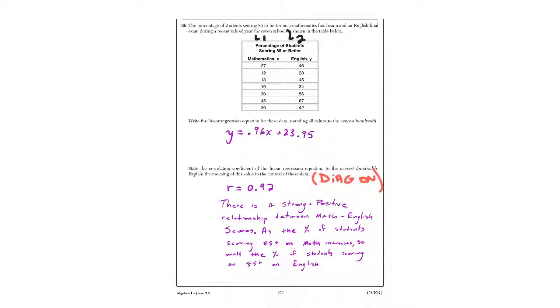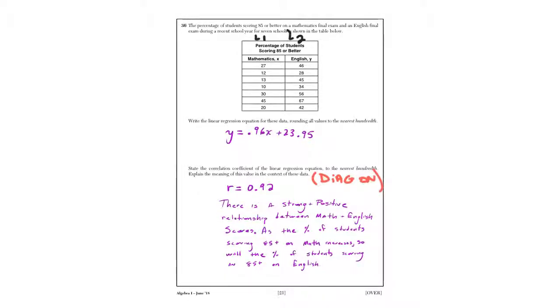Now, this is where some people can lose 1 point. It says explain in context. So if I just say it's a strong positive, period, I lose a point. Why? Because I haven't talked about what this problem is even involving. Okay, so it's strong. What does that mean? If it's a strong positive relationship, that means there's a strong connection between math and English.